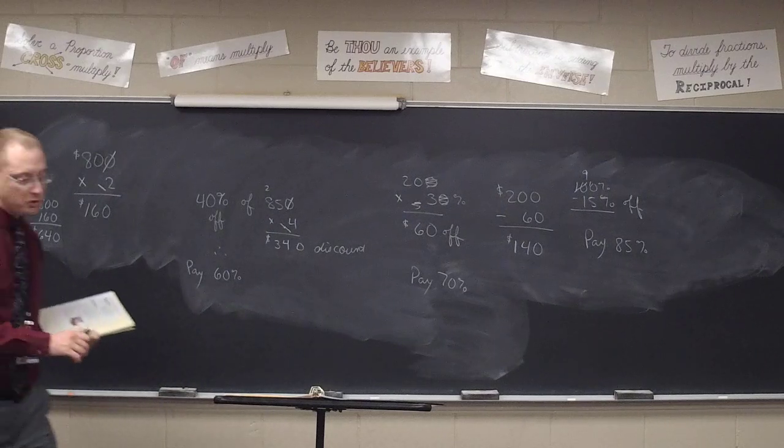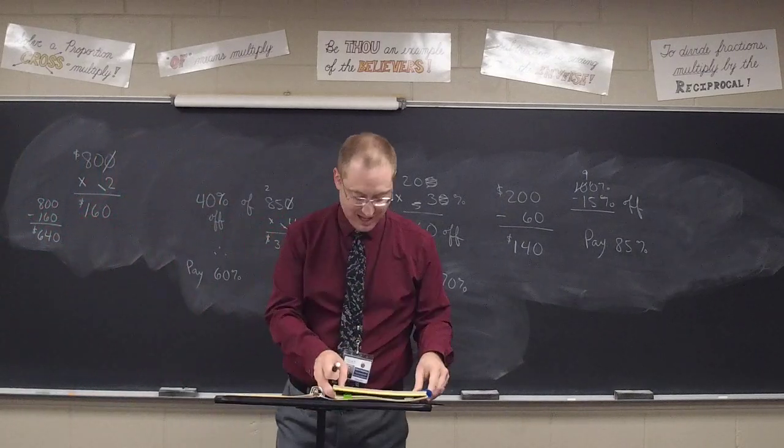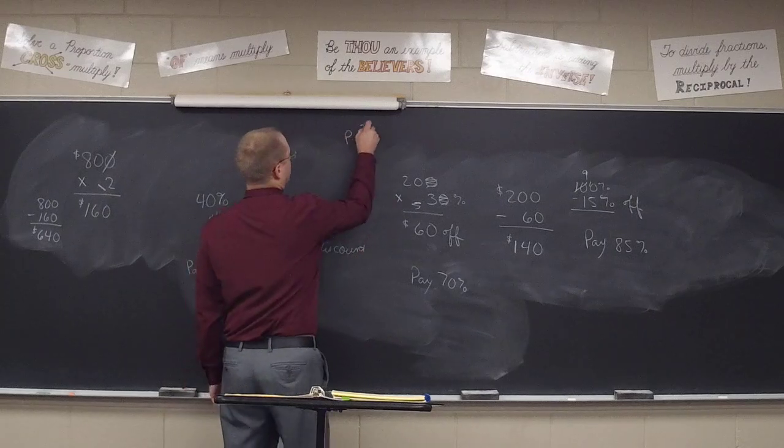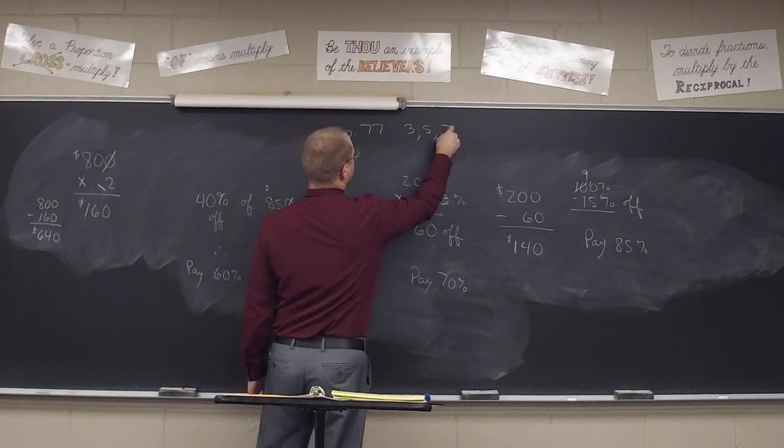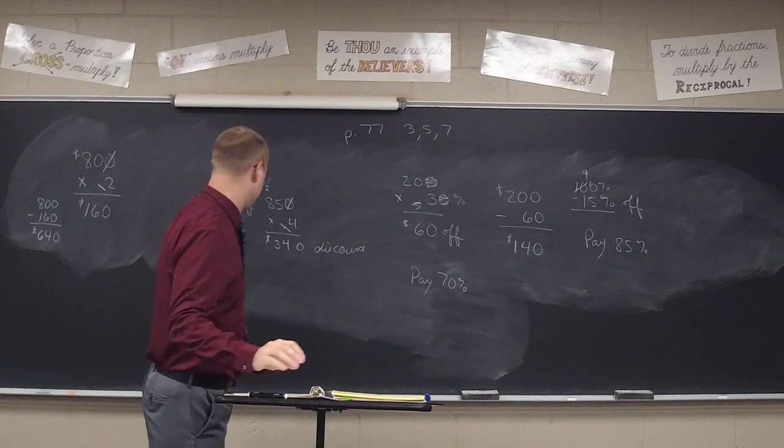At your seats, I want you to do numbers 3, 5, and 7. They're on page 77. Numbers 3, 5, and 7 on page 77.